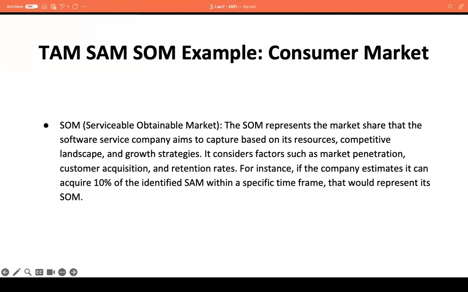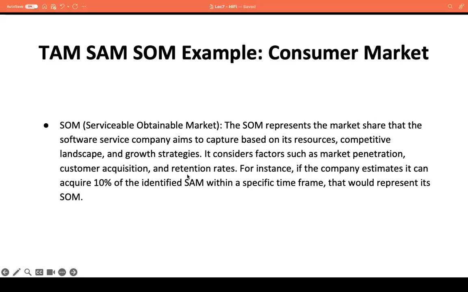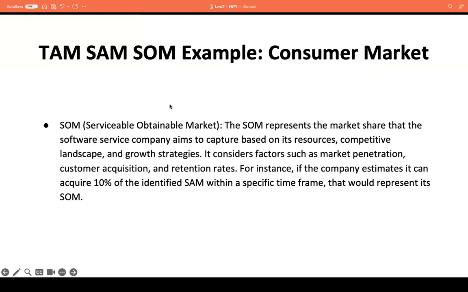So it would consider the market penetration, customer acquisition, retention rates. For instance, if the company estimates that it can acquire 10% of the identified SAM within a specific time frame, then that would represent its SOM or serviceable obtainable market.